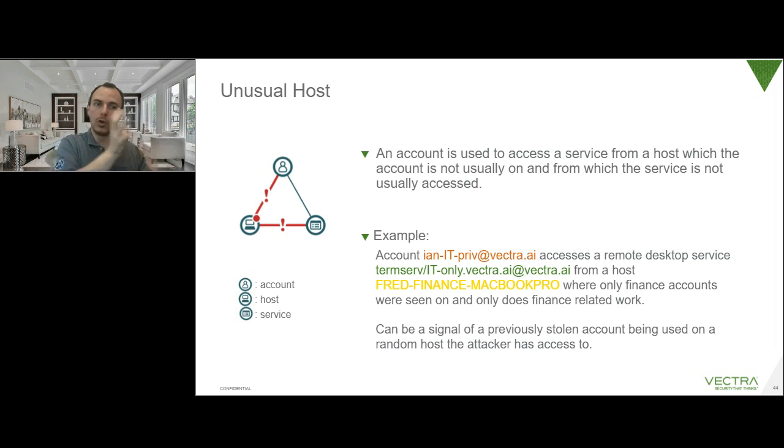This could be a signal of a stolen credential that is now being used on a different host as an attacker moves laterally across the network, depending on the actual goal of the actor. Maybe it is financially motivated, and that's why they're moving to finance. That is something they could be trying to do.